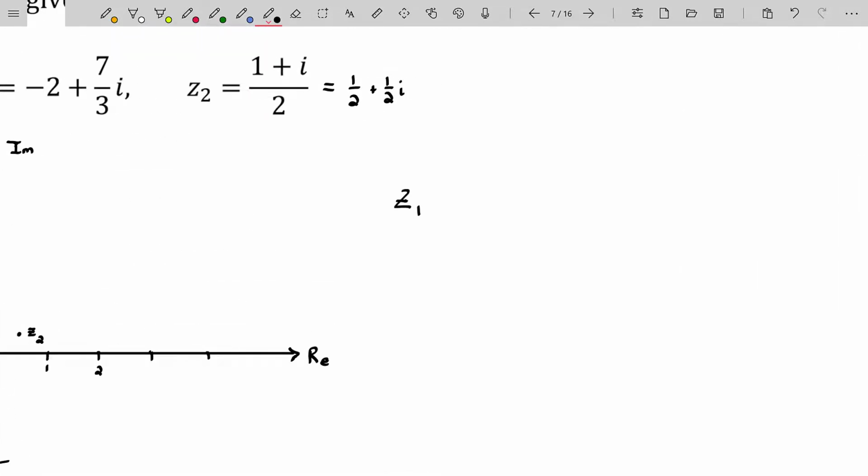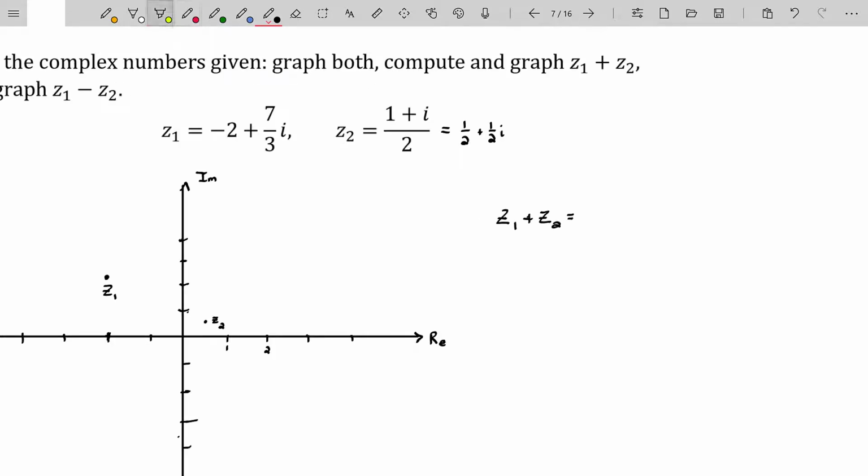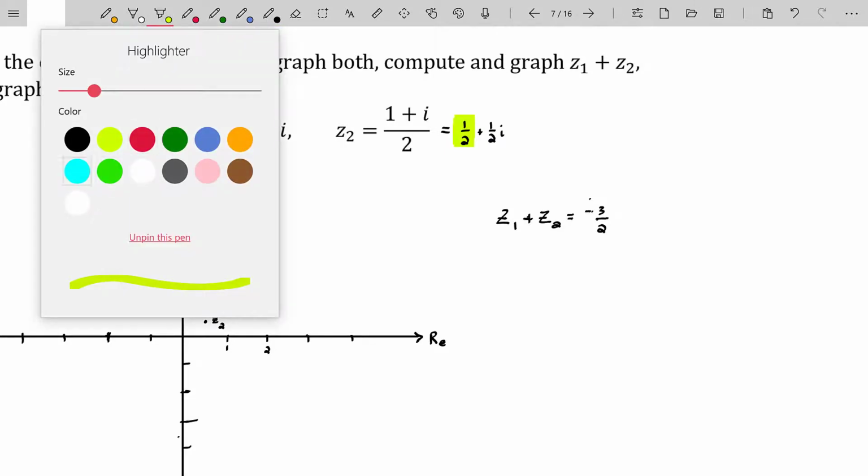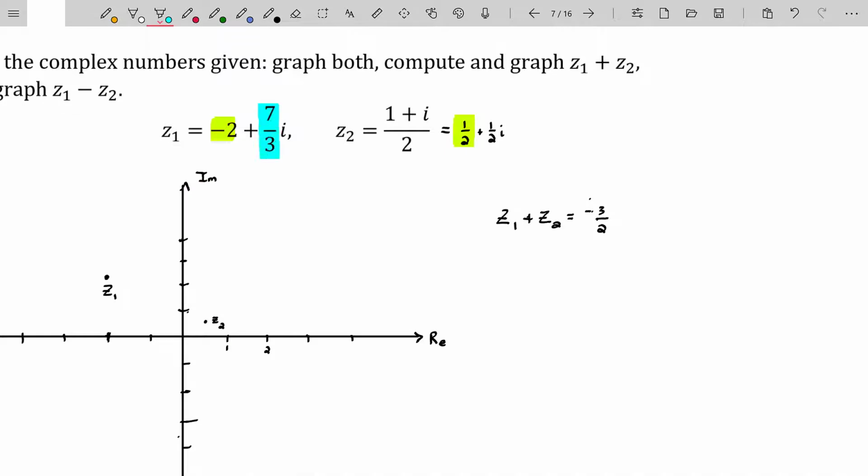Now we are asked to add those two complex numbers, z1 plus z2. We concentrate on the real parts here, -2 and 1/2. We'll add those up. Obviously, you know how to add, so that's going to be -3/2. Now we're going to focus on the imaginary parts. Let me use a blue highlighter for that. We have 7/3 and 1/2. If you add those two up, 7/3 plus 1/2, you can see that's going to be 17/6.